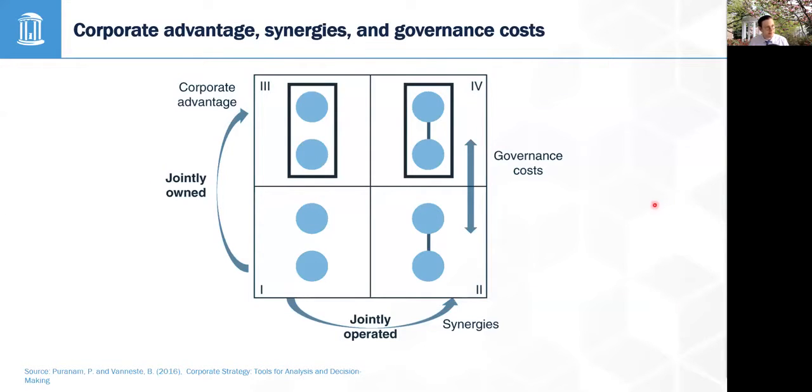With the question of firm boundaries within this course, we're really focused on corporate strategy, which means we're thinking about synergies and whether or not synergies are best managed within a firm or between firms. So we're comparing these two right side quadrants of this matrix. The central question then becomes whether or not those synergies are best managed within a firm or between firms, and governance cost is what determines which of those make more sense.